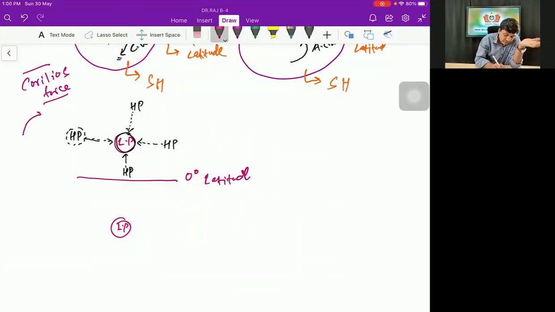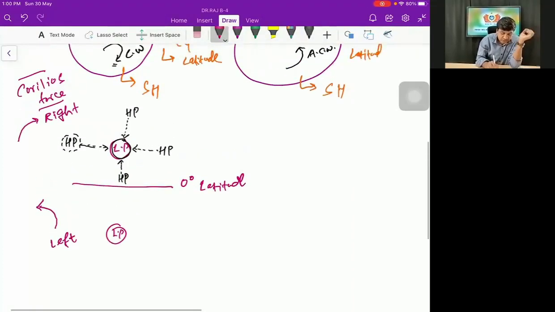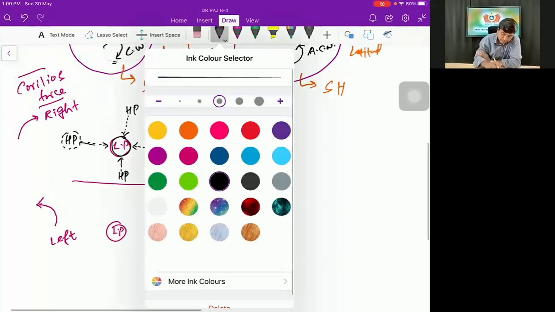So it deflects the wind to the right in the northern hemisphere, and it deflects the wind to the left in the southern hemisphere. Coriolis is the scientist, and he says that wind will deflect towards the right in the northern hemisphere and towards the left in the southern hemisphere, and you apply this law in both hemispheres.